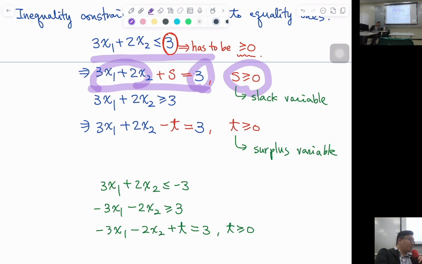And if s is positive, this equation right here will be smaller than 3. So for both cases, this left term is going to be either equal to 3 or smaller than 3, which is equivalent to what we had earlier.